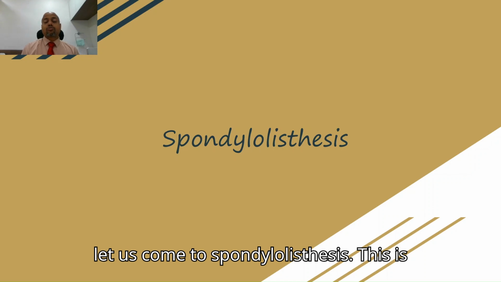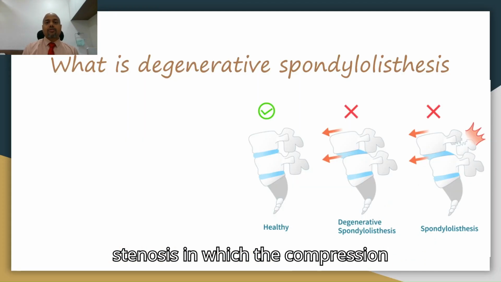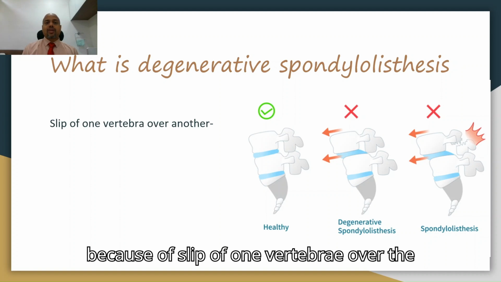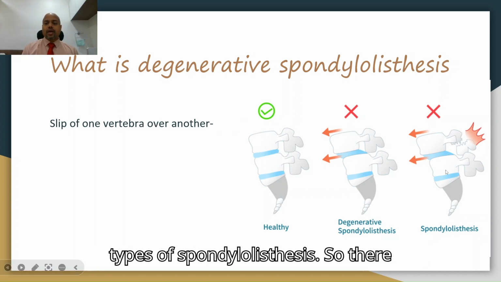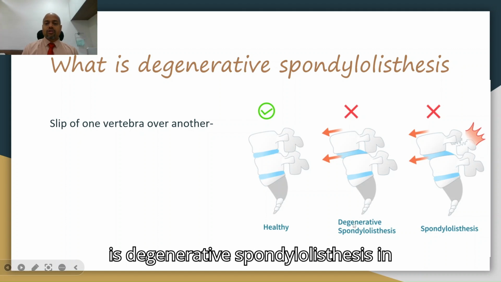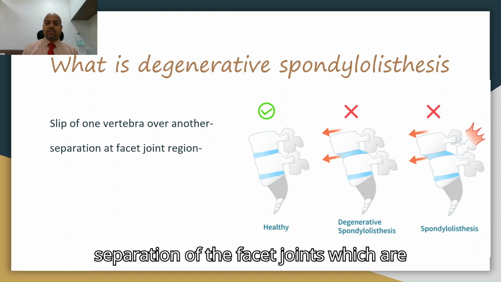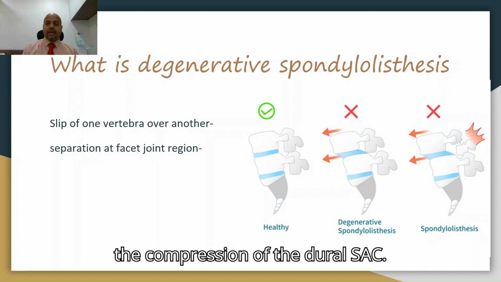Okay, now let's come to spondylolisthesis. This is slightly different from lumbar canal stenosis, in which the compression of the nerve is basically caused because of slip of one vertebra over the other. Now here you can see there are two types of spondylolisthesis. There is degenerative spondylolisthesis, in which there is degeneration and separation of the facet joints, which are the joints behind, and that causes the compression of the dural sac.